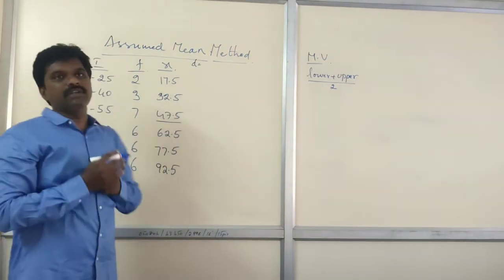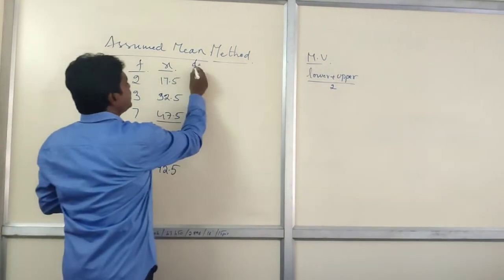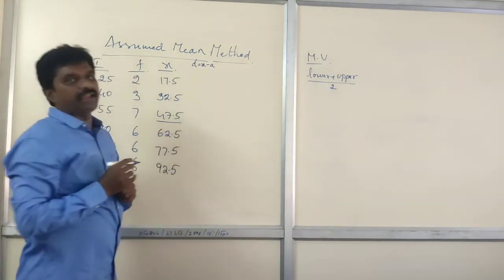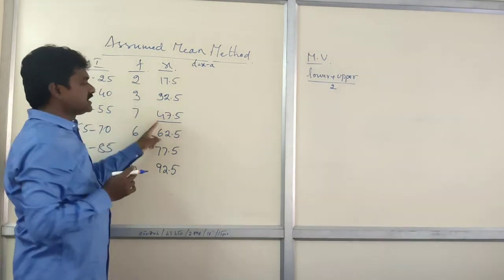So the difference we have to calculate. The difference is equal to x minus assumed mean.